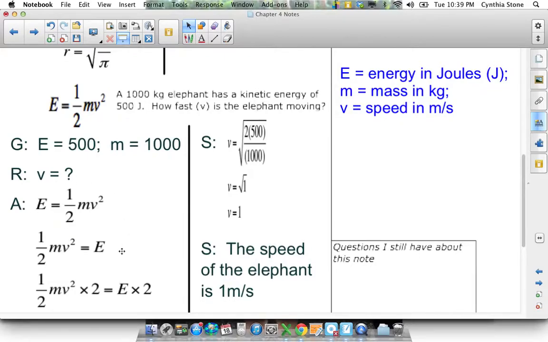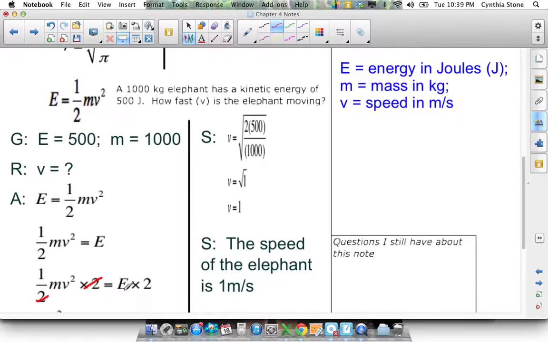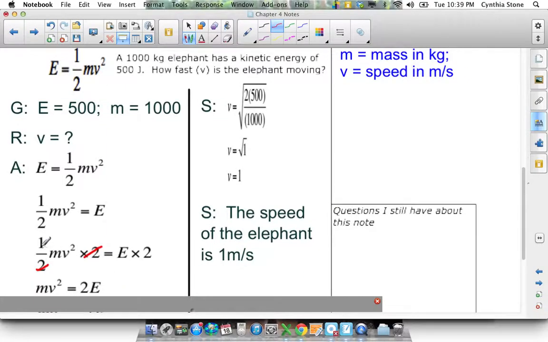Again, the first thing I did was write it with the v, which I want to find, on the left. This step here is me killing the fraction. I want to get rid of this 2. What's 1/2, right? So I multiply by 2 on both sides, and when I do that, this 2 cancels with this 2. Then you just end up with 1 mv squared, which is just mv squared.